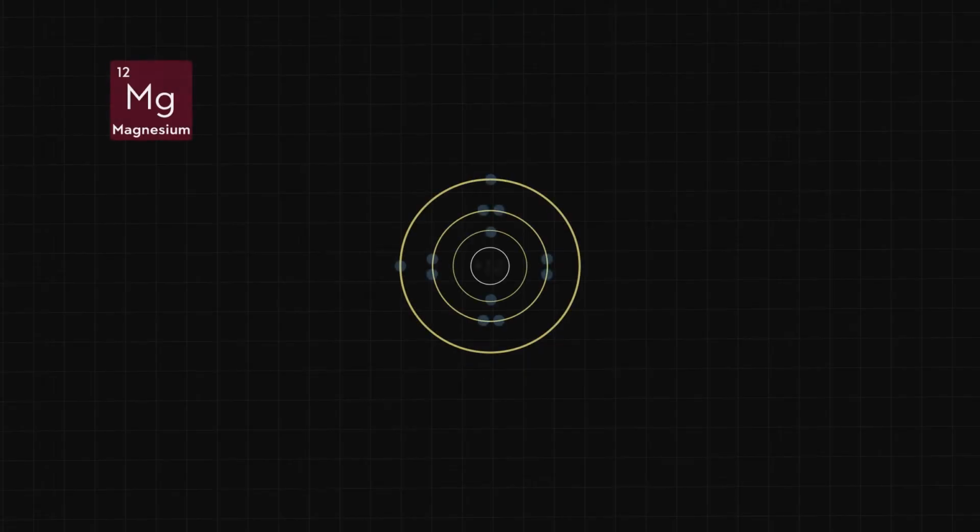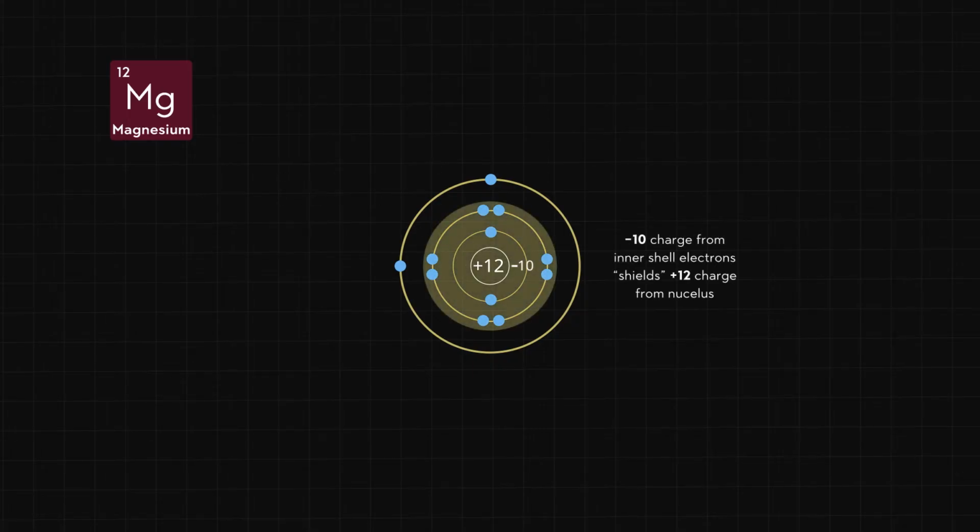Next, let's look at magnesium, or Mg. Magnesium has 12 electrons, 2 in the first shell, 8 in the second shell, and 2 in the third. A valence electron in magnesium is attracted by the +12 charge of the nucleus, but a charge of -10 from the 10 inner shell electrons shields the valence electrons from that +12 nuclear charge.